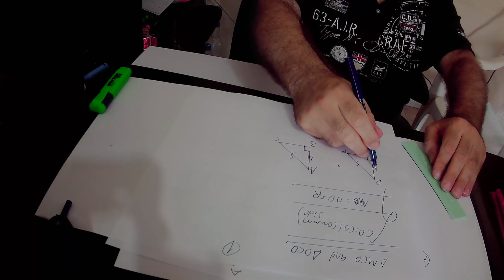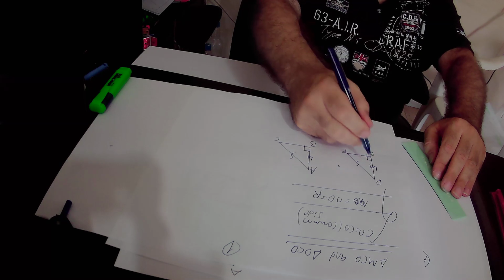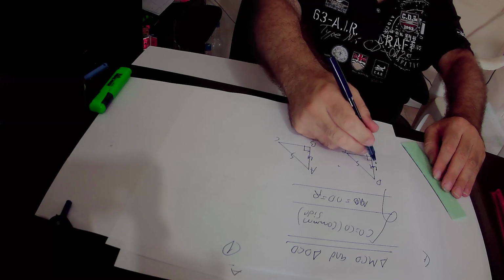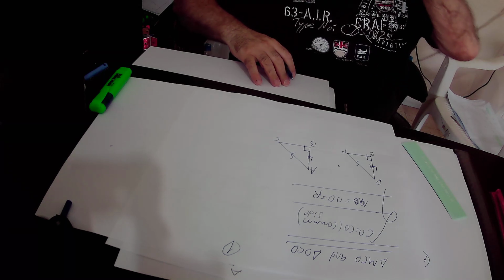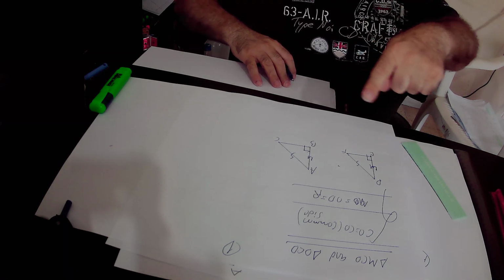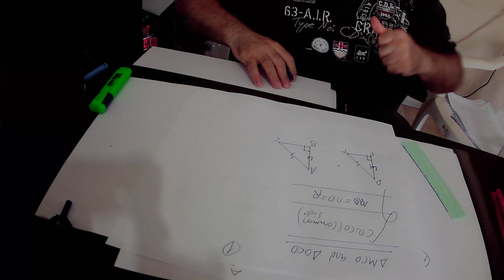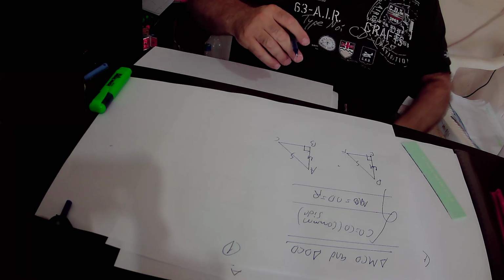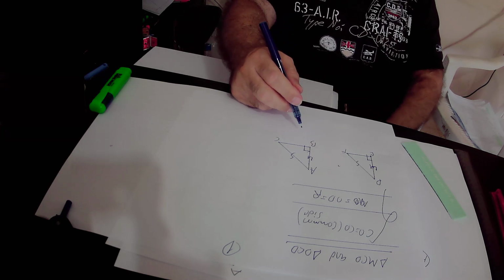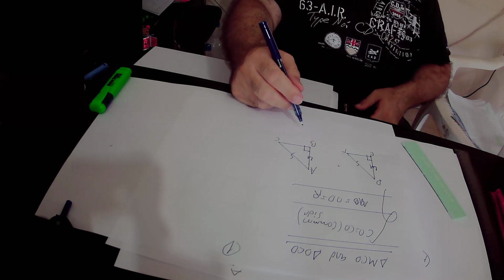So those two right triangles can go by their hypotenuses and one perpendicular. And therefore the third side of those two right triangles can also go into each other.